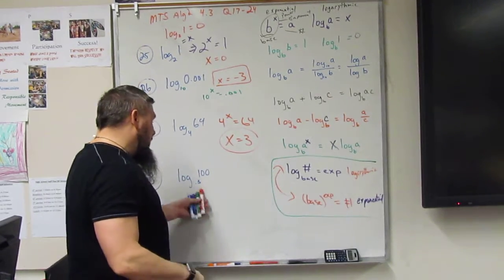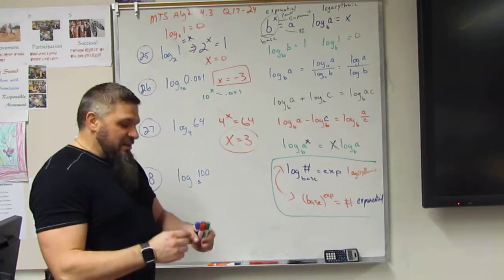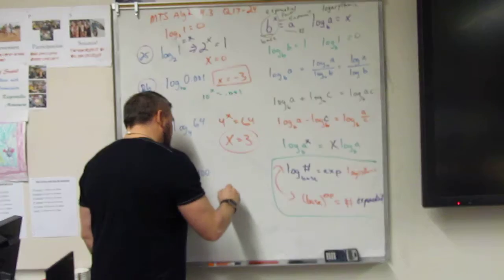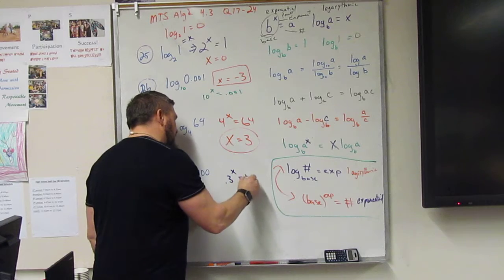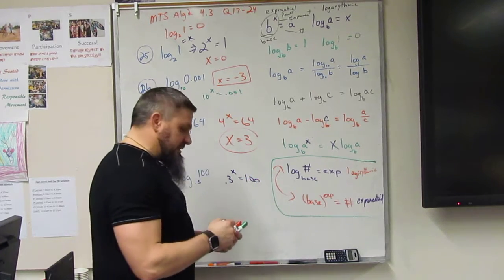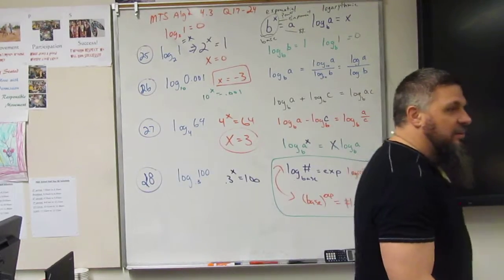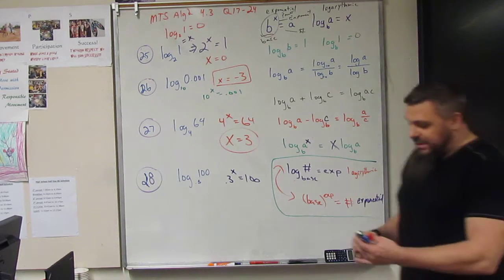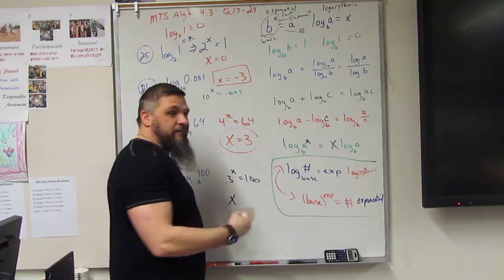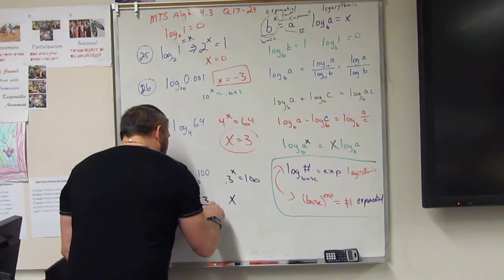Okay? Uh-oh. The base is 0.3. 0.3 to some power is going to give me 100. Well, that's crazy talk. So 0.3 to some power is going to give me 100. How am I going to get 100 from 0.3? Because 3 times 3 is what? 9. So, I mean, obviously, x has to be negative, right? Because right now, you're talking about 3/10.